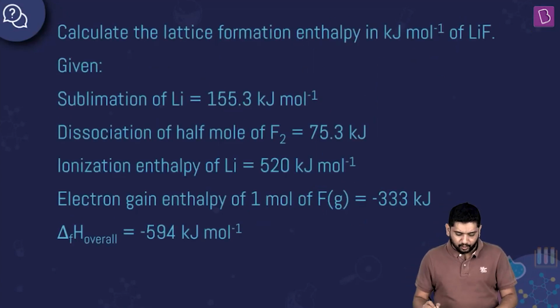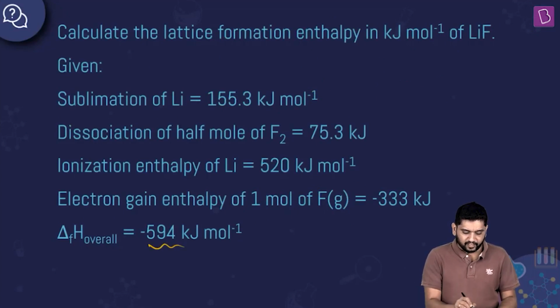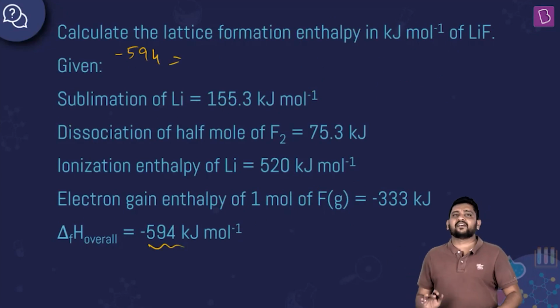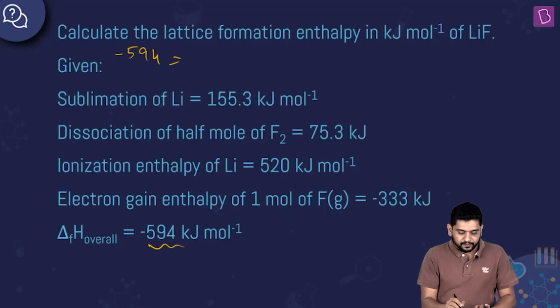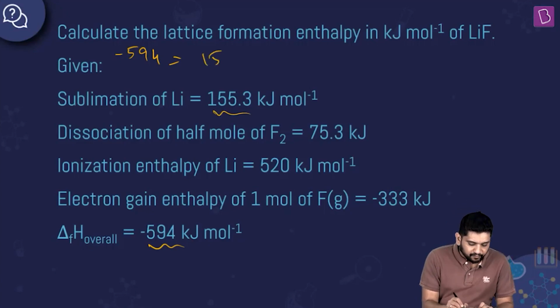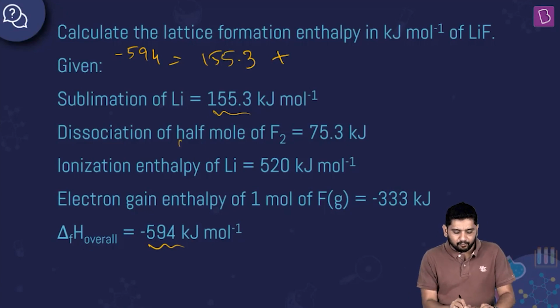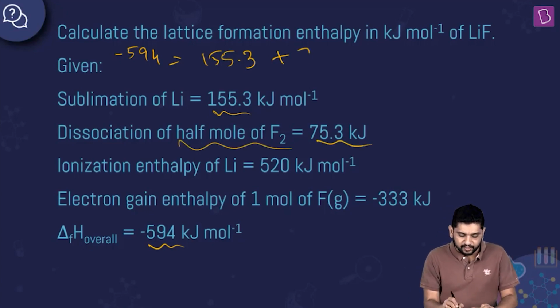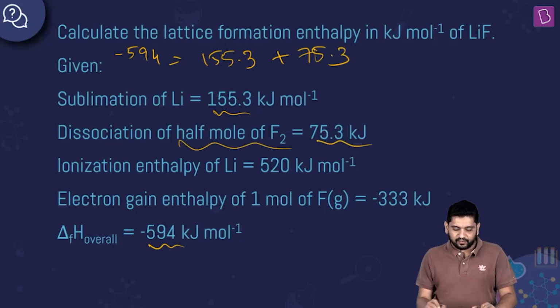So let's see what values are given. The direct-step enthalpy of formation is minus 594 kilojoule per mole. I'm going to take everything in kilojoule per mole. So minus 594 is equal to, first, sublimation of Li, 155.3 kilojoule. Then dissociation of half a mole of F2, which is exactly what is given directly, 75.3.